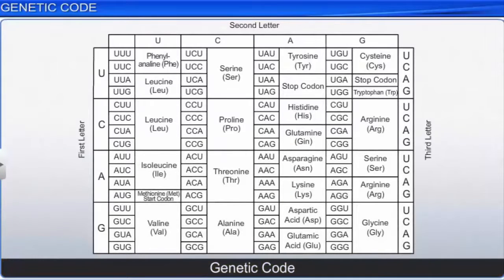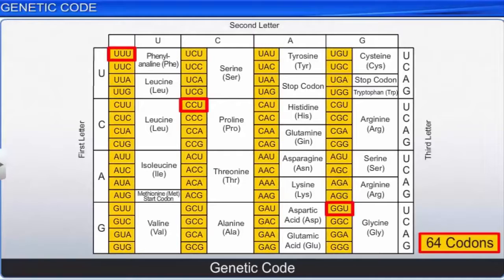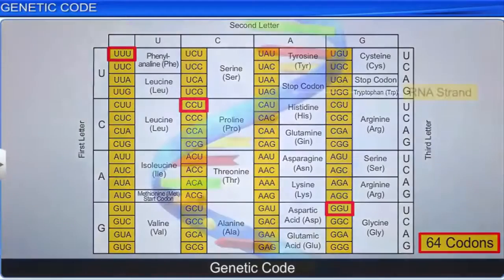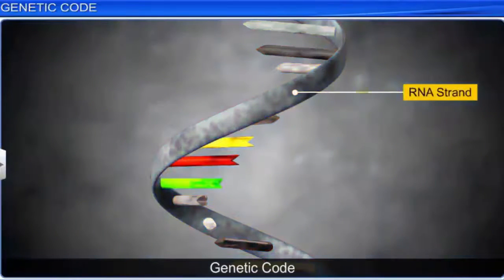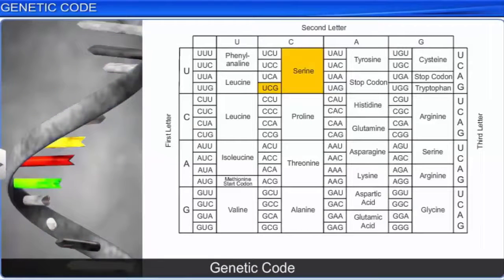Today, we know that the genetic code is an array of 64 codons, a sequence of 3 nucleotides on an RNA strand that encodes a specific amino acid during protein synthesis.